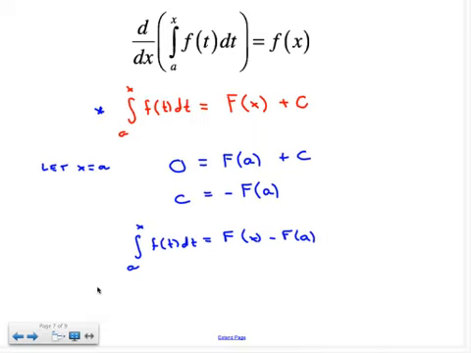And if now we want to do a definite integral, which we're mostly concerned with because we're doing areas, let's let x equal a number, let's call it b, then we have a way to evaluate definite integrals without doing sigmas and limits. Here's how it works. The integral from a to b of f of t dt, or f of x dx, is equal to capital F of b minus capital F of a.